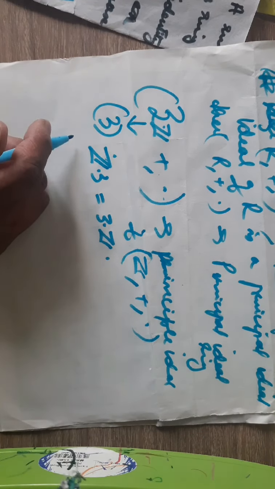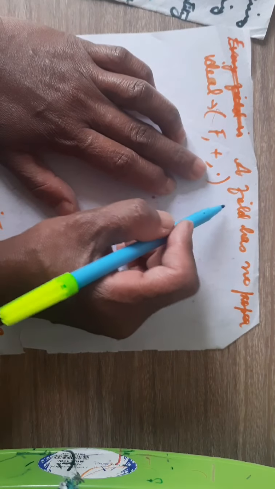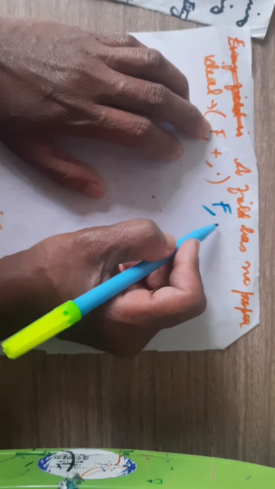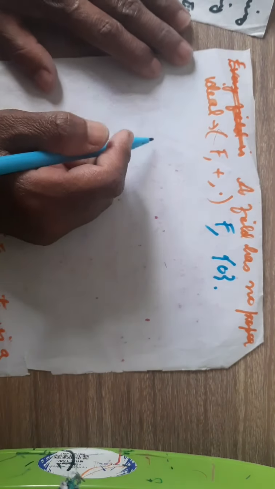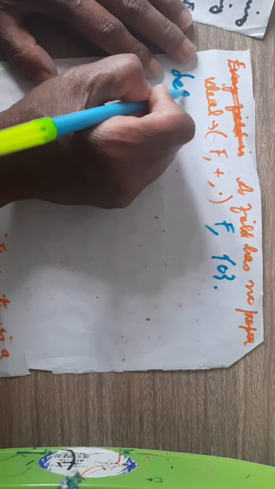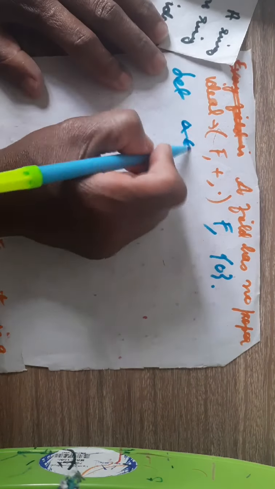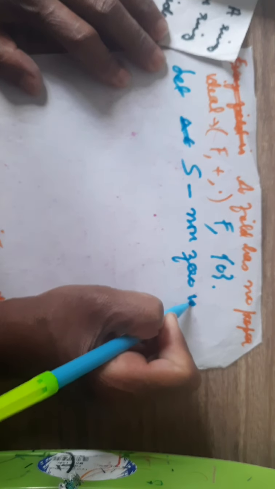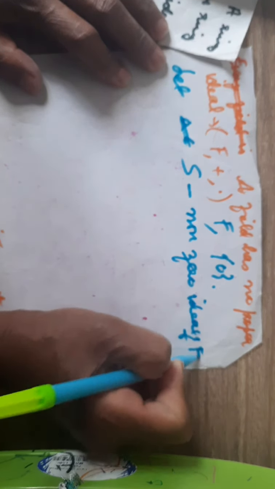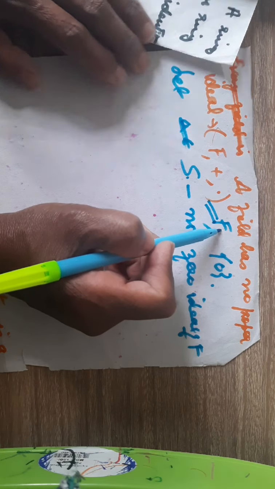Now the next one is that a field will have no proper ideals. That means the only ideals of a field will be the whole ring itself and the zero ring. For example, let S be a non-zero ideal of F. What I need to show is that S will be equal to F exactly.